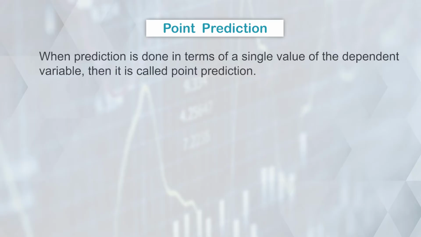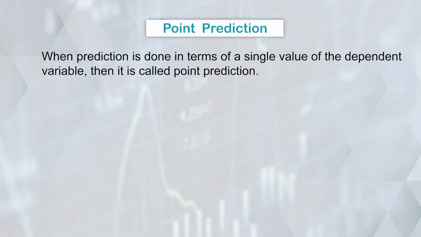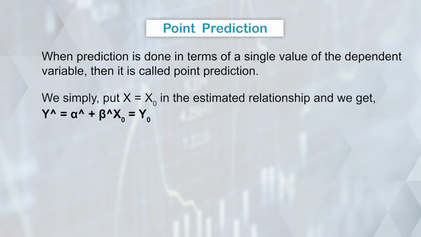Now when we go to the point prediction, we basically look at a single value. So when the prediction is done in terms of a single value of the dependent variable, it is called the point prediction. Simply, we have the equation y hat equals alpha hat plus beta hat x.